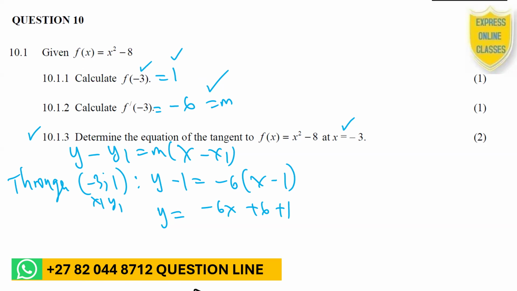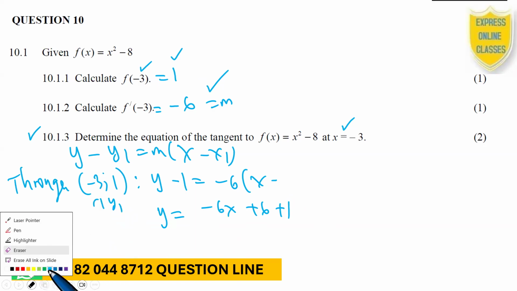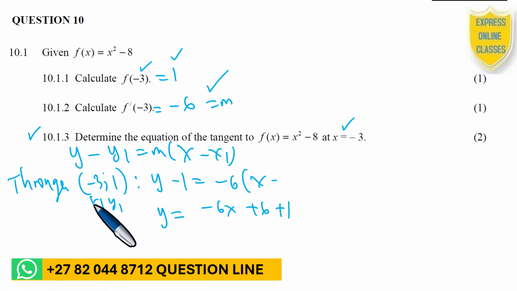Okay, so we continue. I wanted to clarify that x1 is minus 3. So in here, you put minus 3 for the x1 and you multiply through.